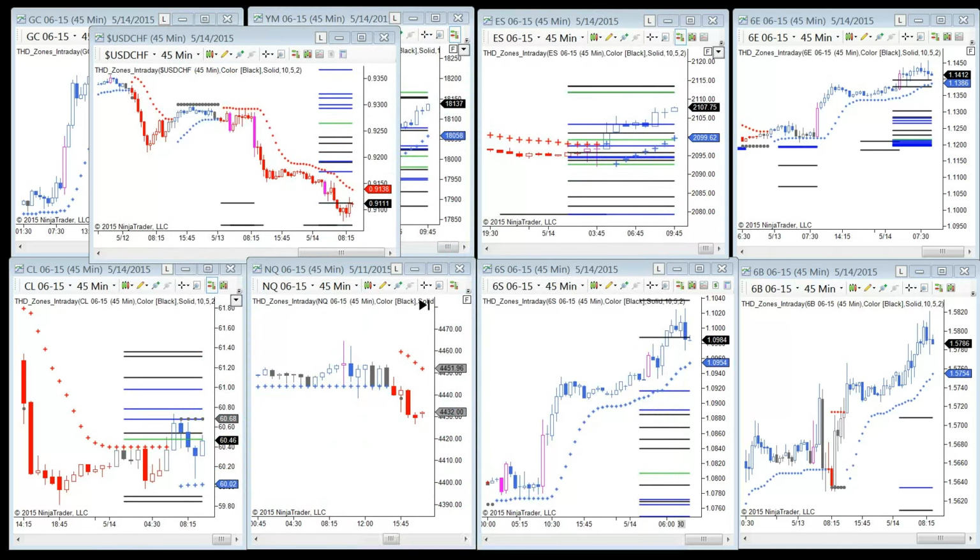Do I always hold the spreads till expiration or set profit targets? I normally look at the charts and decide. I don't set profit targets per se on them. Either I'm going to let them expire or I'm going to see, for example, on the USD Swiss franc, let's say that it moves right up into here at 91.91. I'm going to read the volume and decide whether I want to stay with this or not.